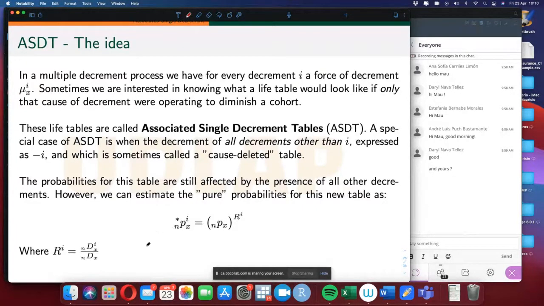So why is this the best approach? We're not going to work on the development of this new probability, but it's similar to the assumption that we had for fractional ages. If you remember from actuarial sciences, it's similar to this. Remember that in that scenario we have something like this.